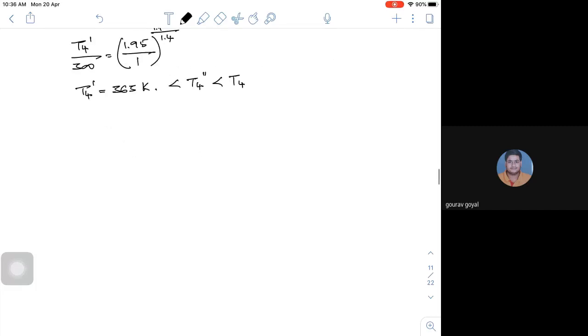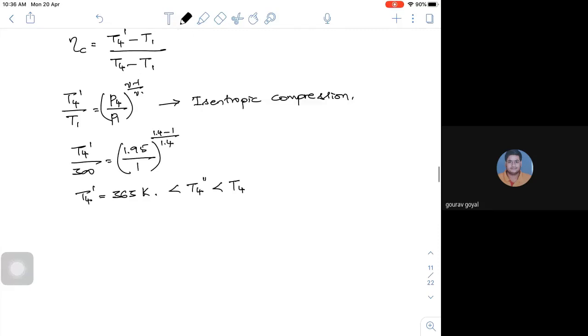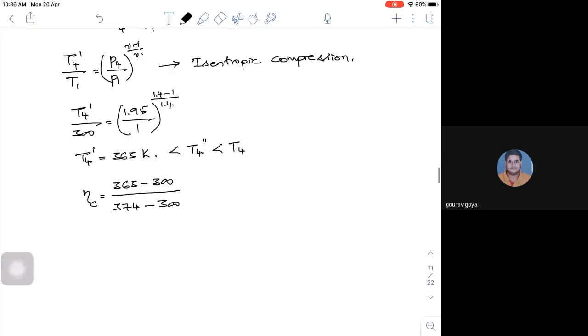Now compressor efficiency. Let's substitute in that. So the compressor efficiency is equal to T4 dash, which is 363 minus 300, divided by your T4, which is 374 minus 300. So it is 63 by 74 multiplied by 100.